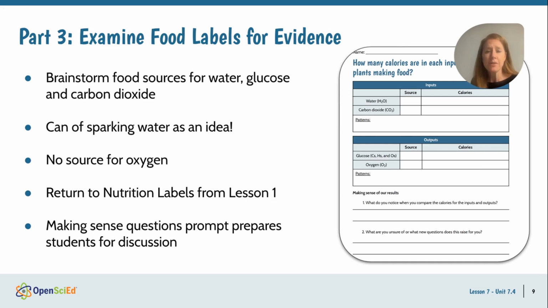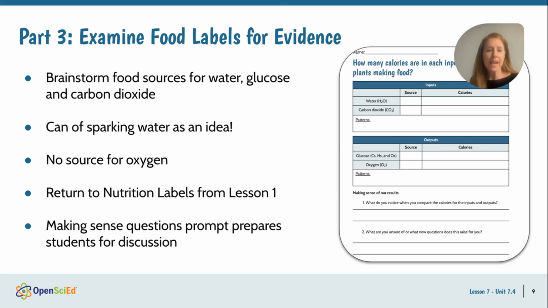So in part 3, the students look at food labels for the plant inputs. This comes after the reading when we're thinking about how a food label can give us information about the energy within a certain food in the form of calories. So first, we'll brainstorm ideas about where can we find a food source for our inputs of water and carbon dioxide and our outputs of glucose or oxygen.